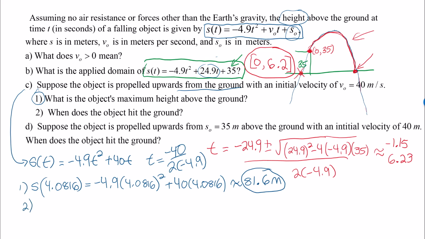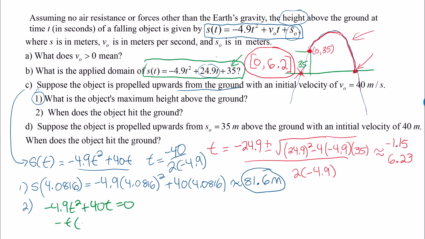And number 2 says, when does the object hit the ground? So we're going to take this function, and to figure out when it hits the ground, that's when its height is 0. So we're going to take the negative 4.9 t squared plus 40t and put it equal to 0. I'm going to factor out a negative t.